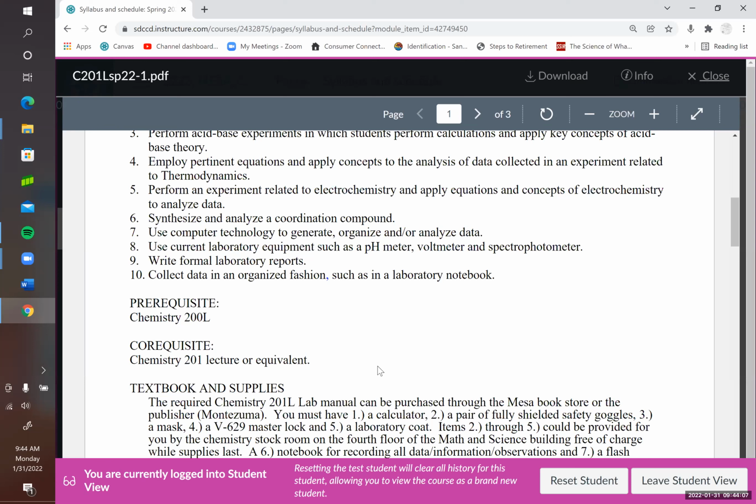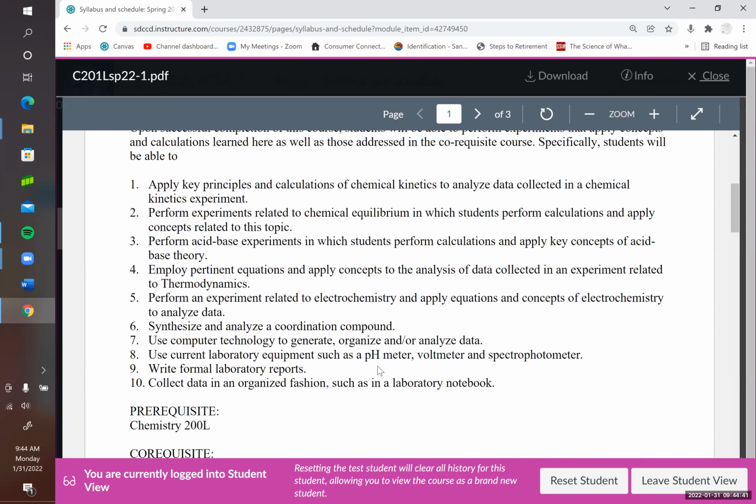Now, if you're taking a lecture course at one of our sister colleges like Miramar City, it's not going to mesh as well. And so if you have an opportunity to take the lecture and the lab at the same college, I would recommend that if you can swing that with your schedule, because then the lecture will complement the lab much better.